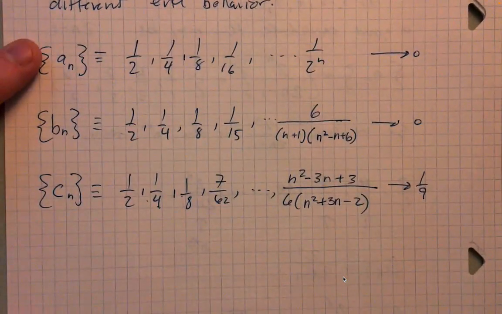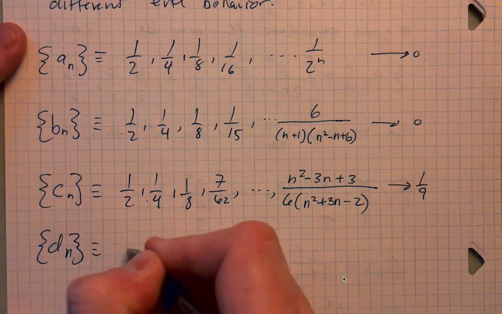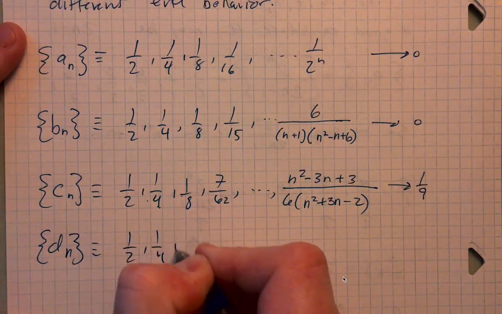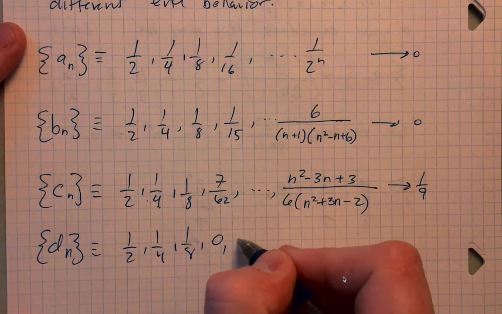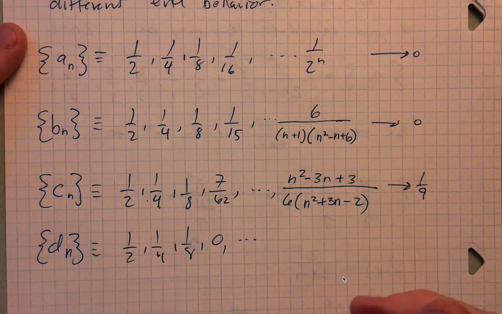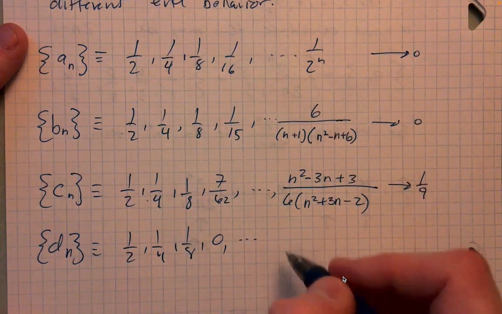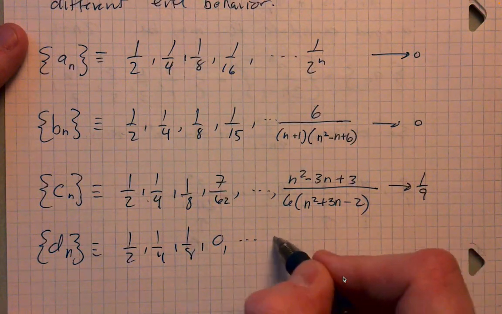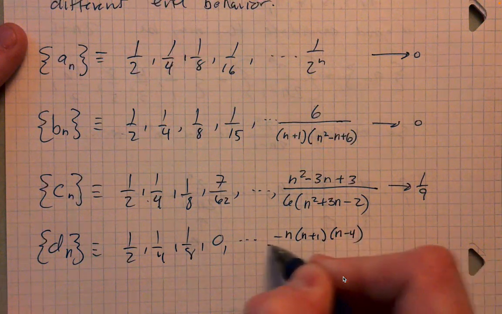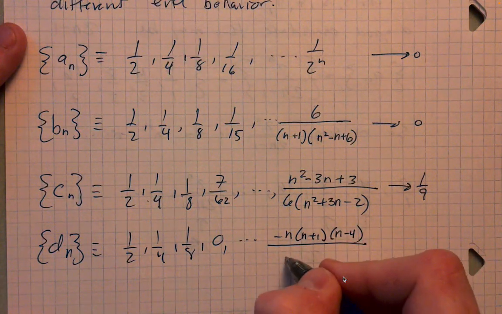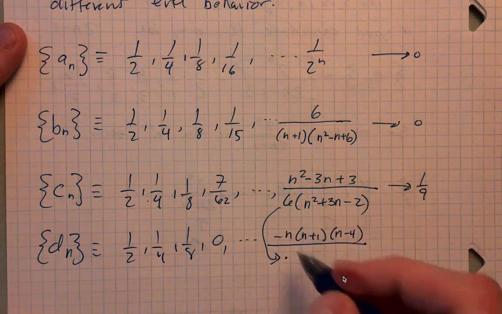And then the last example, which I guess we'll call d of n, again starts out exactly the same, and then the fourth term is 0. But it doesn't continue like that. If you were to plug in the fifth term, you'd find that it's non-zero. And this one is negative n times n plus 1 times n minus 4 over, oh sorry, this is actually supposed to be down here.